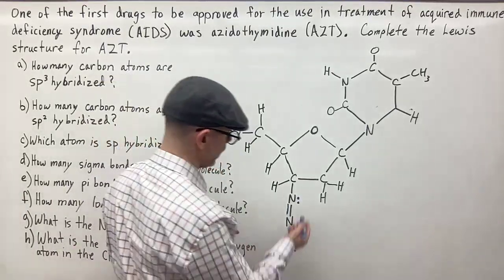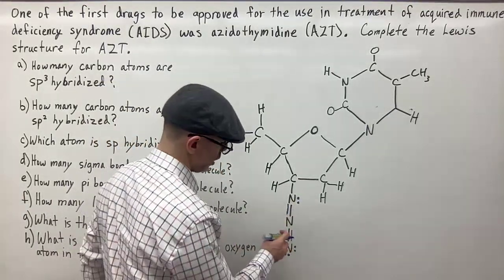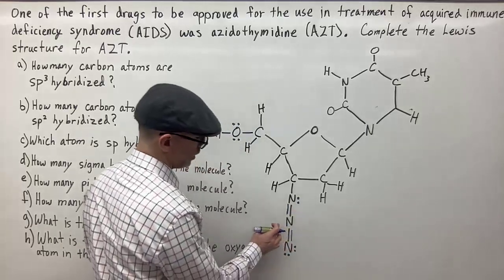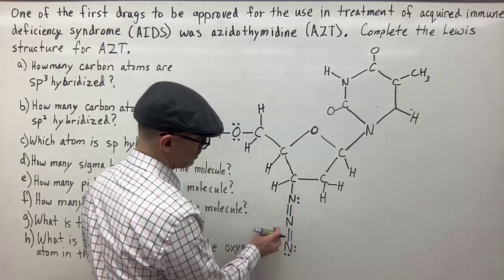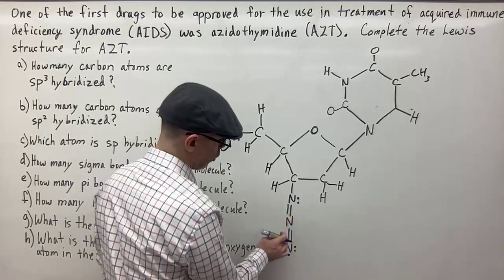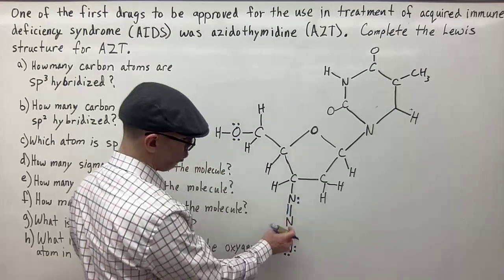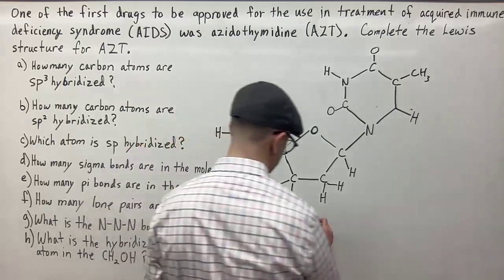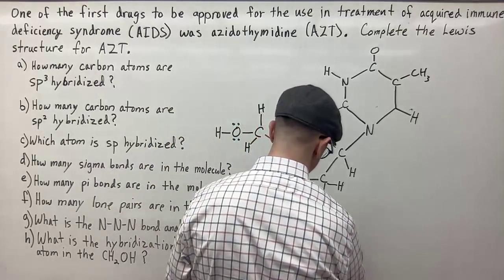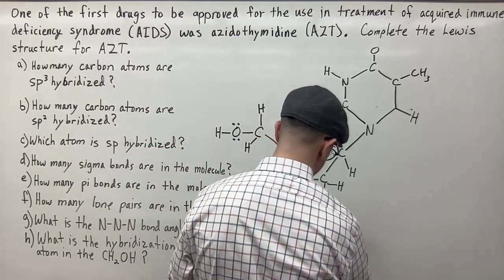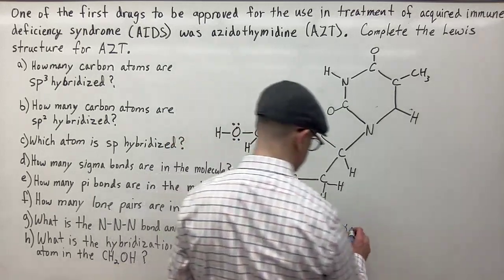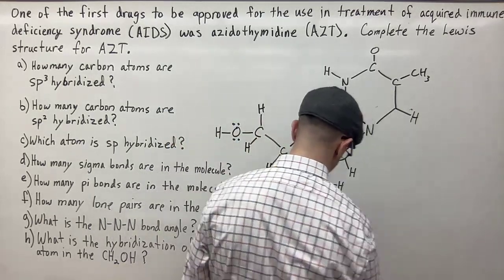And so then if we calculate the formal charge here, for this nitrogen, it would be 5 valence electrons minus 1 for each bond. So that's minus 4, no lone pairs. So it would just be 5 minus 4 minus 0 because we don't have any lone pairs. So then we get a plus 1.